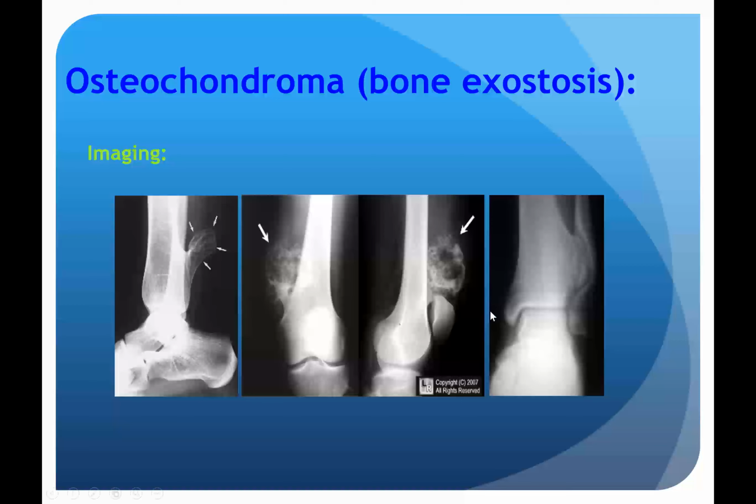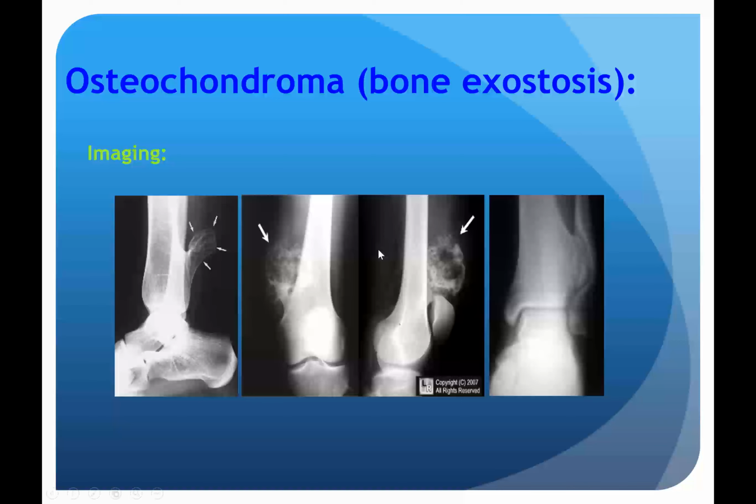In case of malignant transformation, which occurs in 1 to 5%, it will convert to chondrosarcoma. So what we will see is an increase in the size of the tumor after maturity.